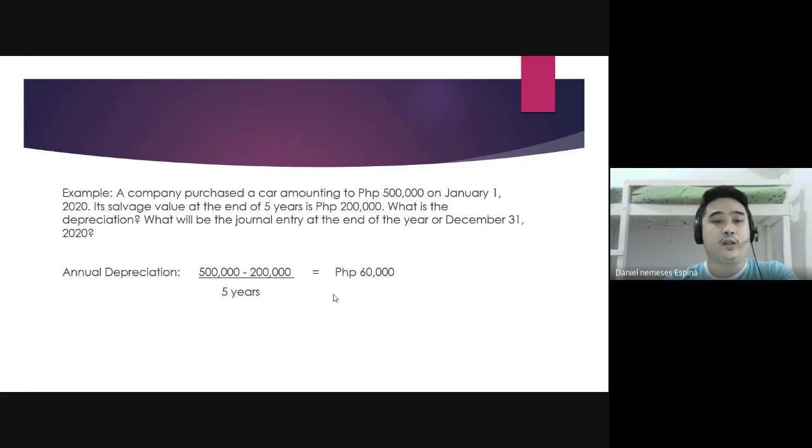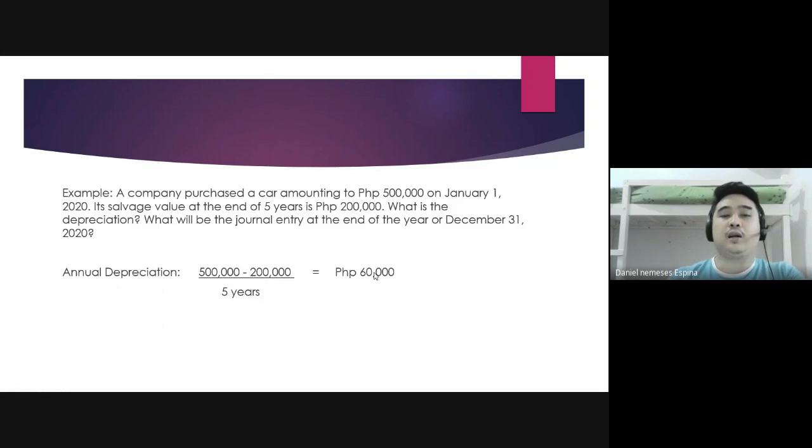Depreciation is one of the adjusting entries that are journalized at the end of the year. So to get the annual depreciation, you have 500,000 minus the salvage value 200,000, divided by the estimated useful life nga 5 years. So you have an annual depreciation of 60,000.